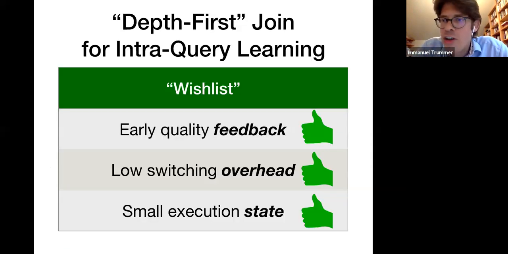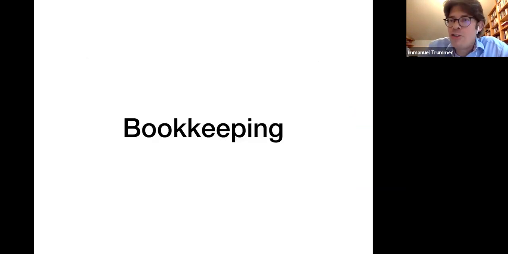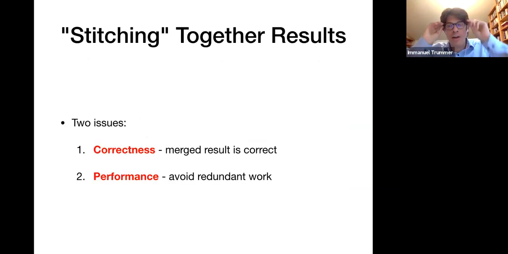Now we have early quality feedback, and that justifies that this join algorithm is probably a good choice to support our reinforcement learning approach. Now, we don't only want to identify optimal join orders, of course, we also want to generate a complete query result. And in order to make that efficient, we need to do some bookkeeping, which I introduce in the following. There are two issues here.